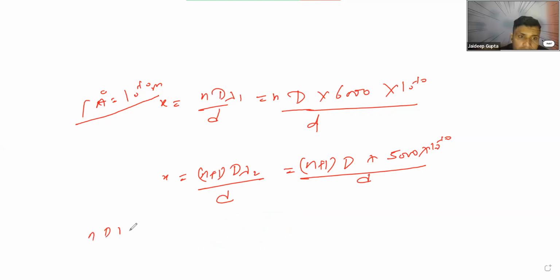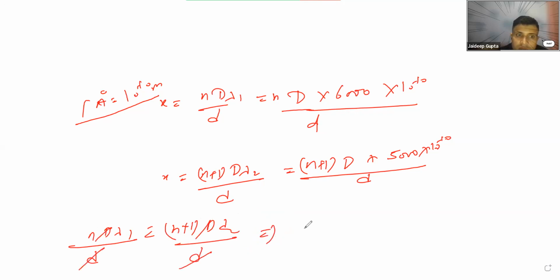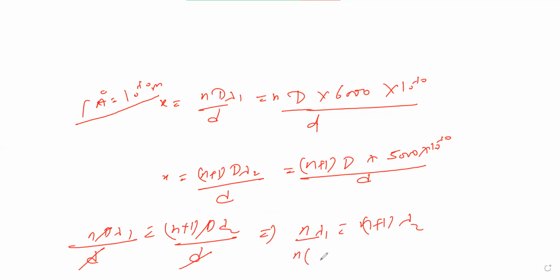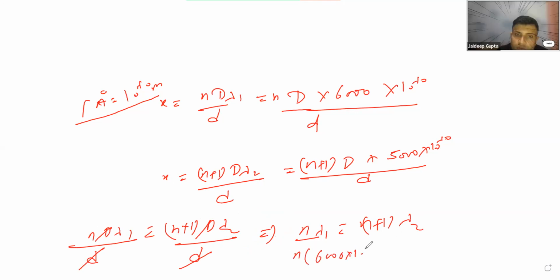Now n D lambda 1 over d, then n+1 D lambda 2 over d. D will cancel out. So n lambda 1 equals n+1 lambda 2. What is lambda 1? 6000 angstrom. And lambda 2 is 5000 angstrom.